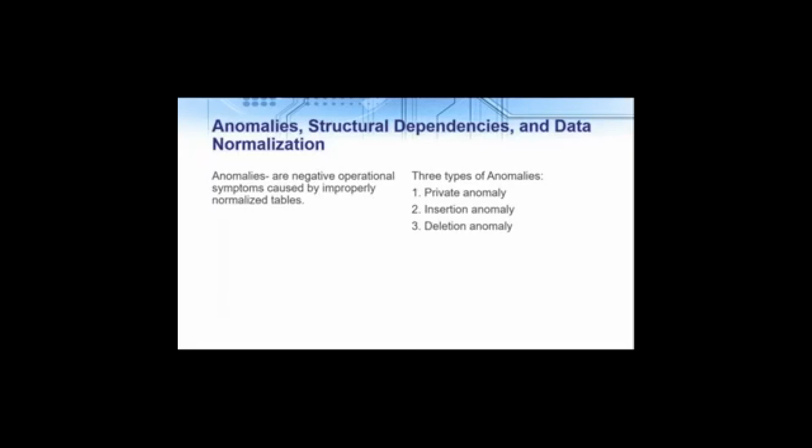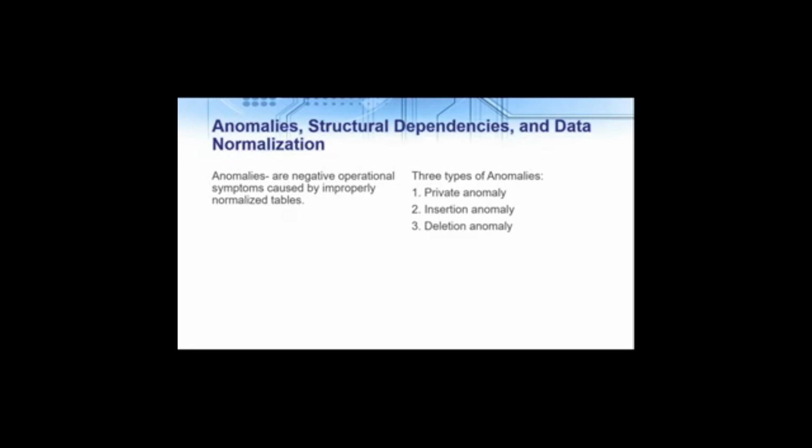In other words, why is it necessary for the organization's database to form an elaborate network of normalized tables linked together, like those illustrated in figure 9-12. There are three types of anomalies.